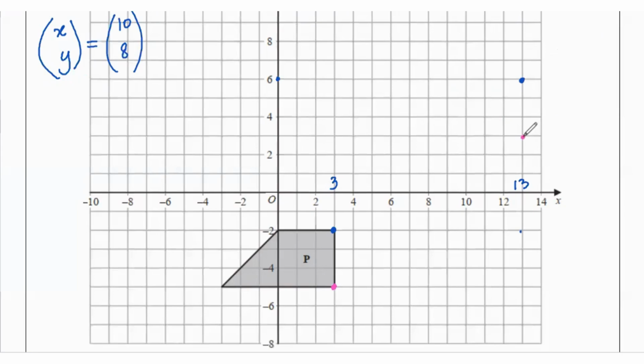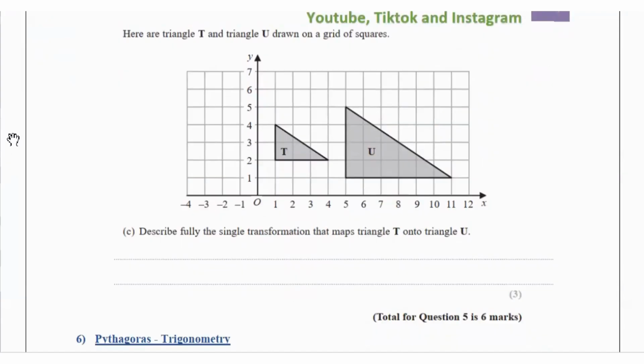So 1, 2, 3. This would be 3 away. So that's over here. This one is going to be 6 away. So 1, 2, 3, 4, 5, 6. So now if we connect the points, this shows us the translation of shape P by the vector (10, 8). And this will be labeled R.